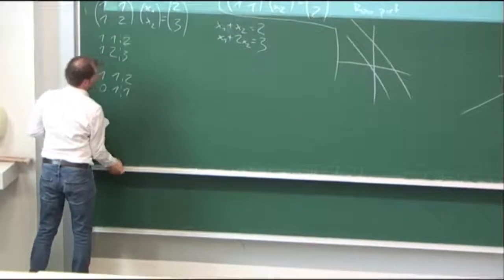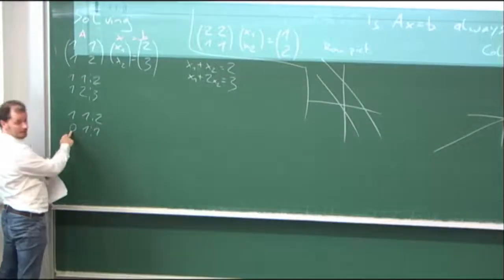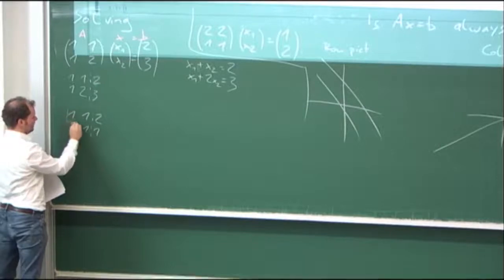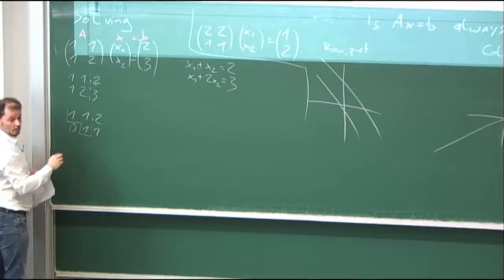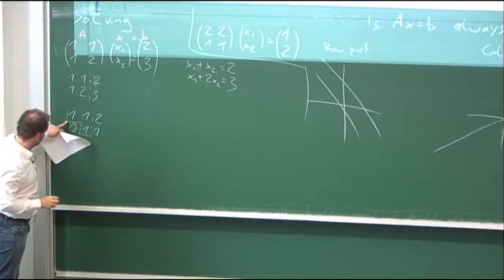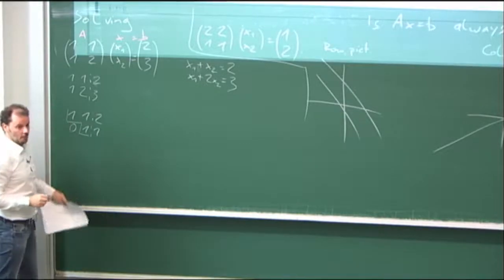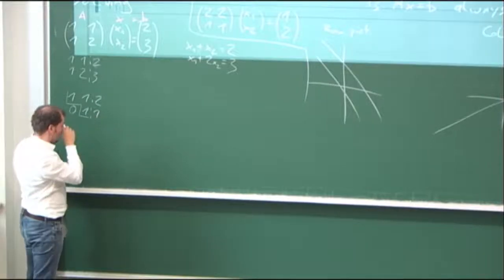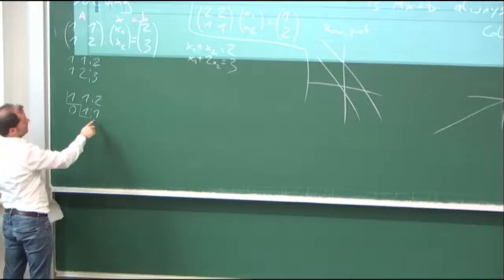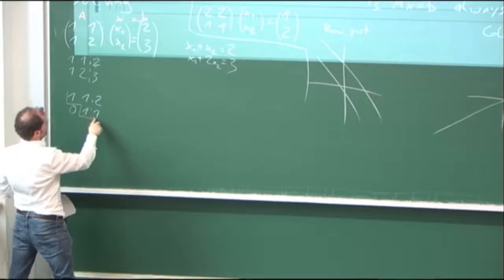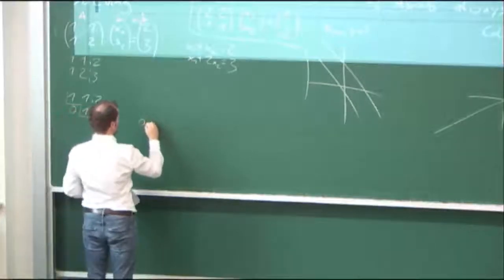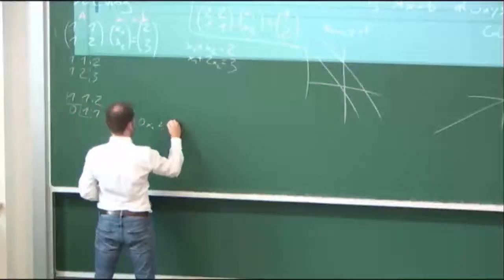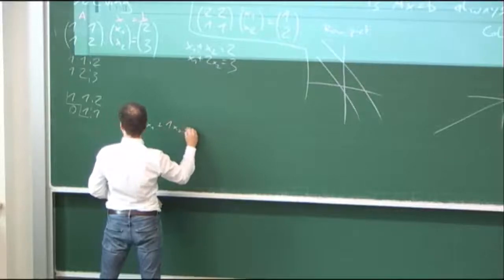And now, if you have a 0 here, so if you get this kind of staircase, which we call row echelon form in English, then it's very easy to see the solution. Because what this tells us is that 0 times x1 plus 1 times x2 is 1.